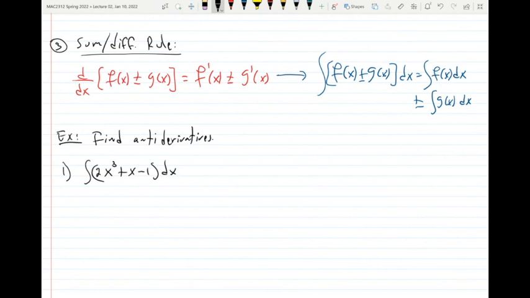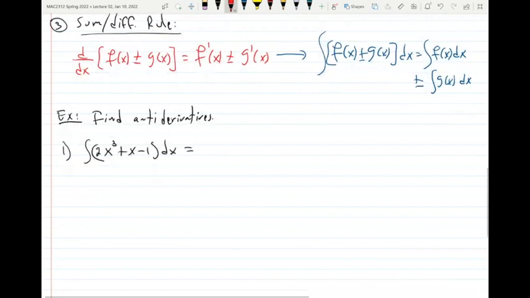According to rule number 3, to find this integral, all we have to do is find the 3 little integrals, and then we just combine them with the operations, sum and subtraction, right? And for each of these, we're going to be using the power rule. Here, you're going to take advantage of the constant rule, that you can take the 2 out, and you just integrate x cubed, and so on. Do you understand this? So from now on, I will be doing this in one shot, but right now I'm just going to illustrate the steps so you can see it.